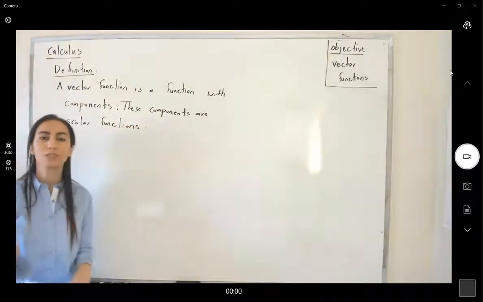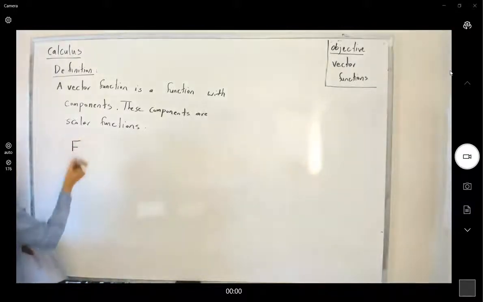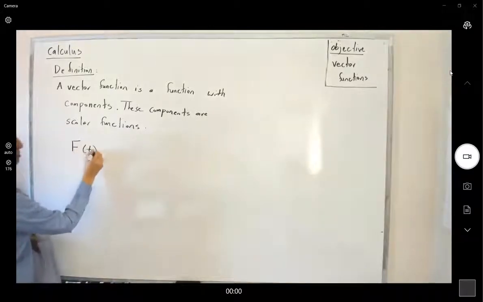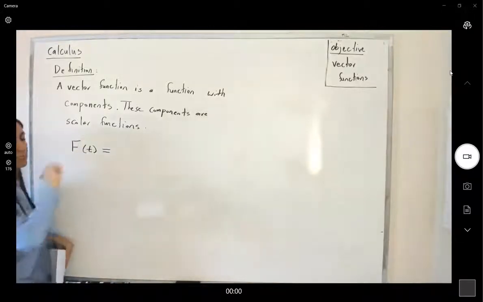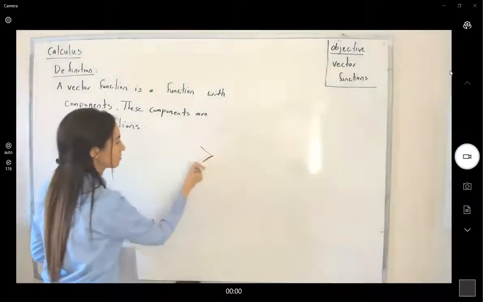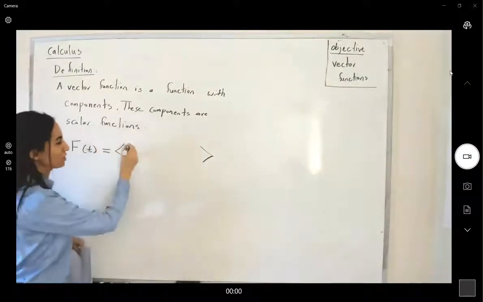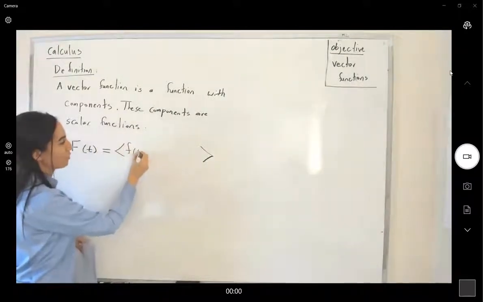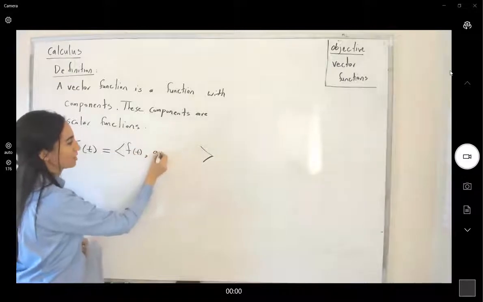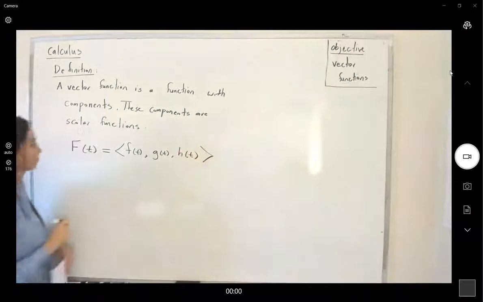So we usually denote a vector function this way. We say that we have, for example, f of t equals, since it's a vector function, we use the vector symbol with some components. Those components are all functions: f of t, comma, g of t, comma, h of t.